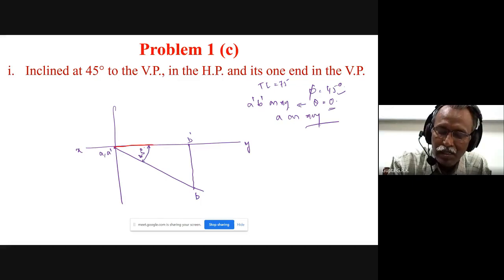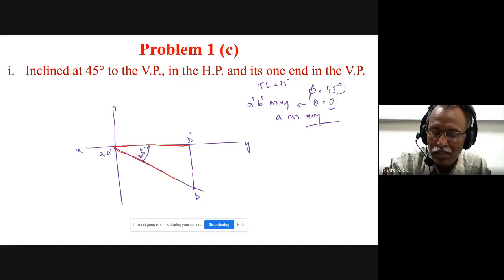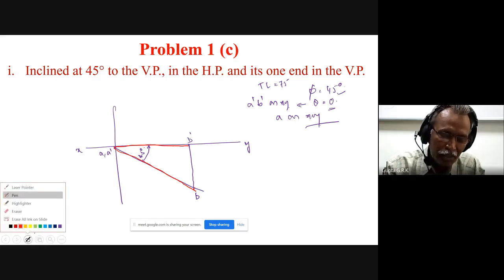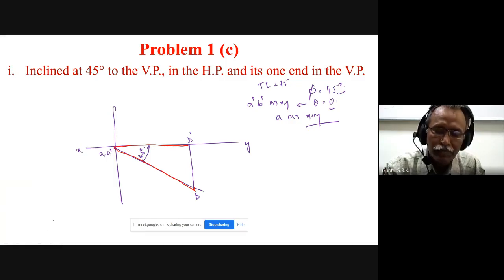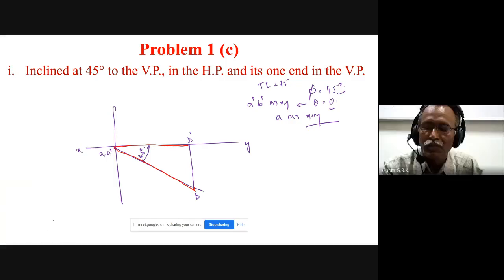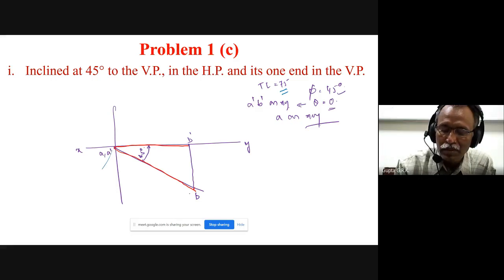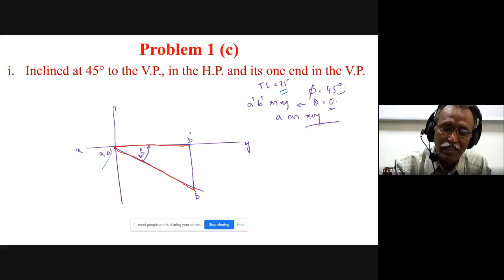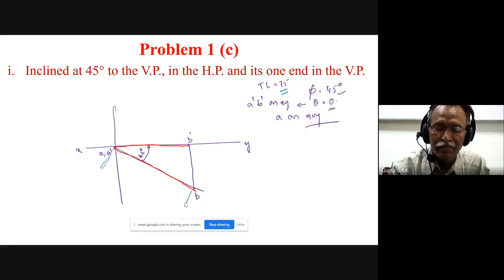Okay, so I have to darken this line and this line. And what are the dimensions I have to show? AB data. 45 degrees already I have shown. I have to show 75 true length. And here, how to show the true length? If I draw like this, the dimension line is cutting the projector.